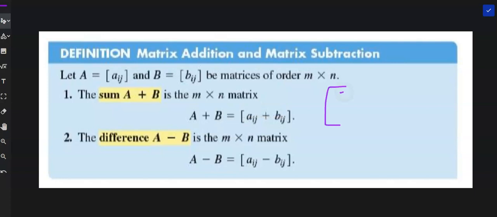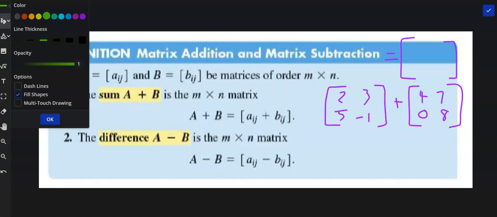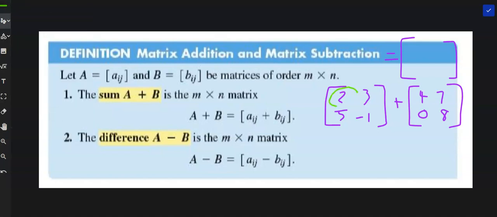So 2, 3, 5, -1 plus 4, 7, 0, 8. This should be extremely straightforward. Yes, folks, you're just adding corresponding elements. So what do you get when you add 2 and 4?